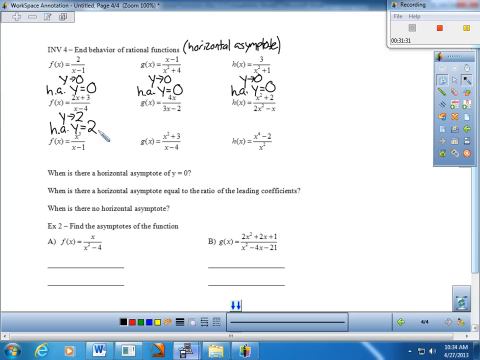All right, just to move this along a little bit, I'm going to tell you what the numbers approach here. It's a very similar situation. If I was to graph this on the calculator and trace it out as x gets larger and larger and larger, I'm going to tell you that the y values get closer and closer to 4/3, as a matter of fact. And as a result, the horizontal asymptote is y equals 4/3.